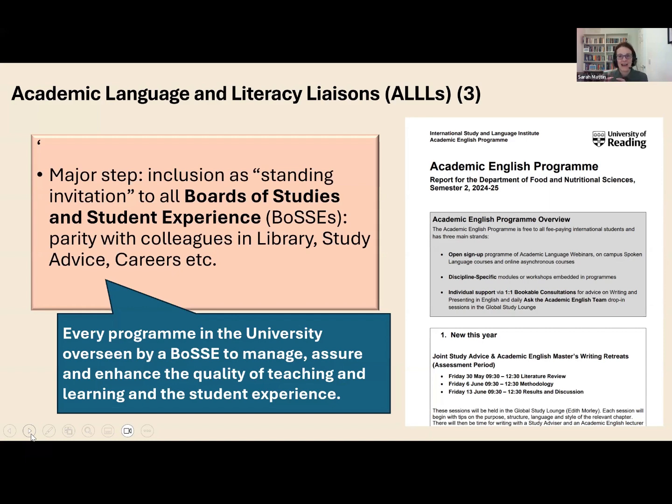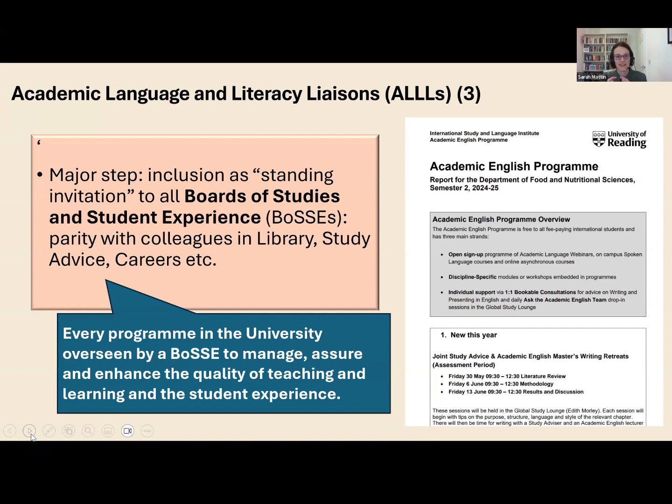So starting to break down some of the nervousness that was around the potential of overlapping roles and stepping on each other's toes, particularly, to be honest, between ourselves and study advice. Over the years, at points, that relationship had been quite challenging because there was a feeling of, how can I put this?